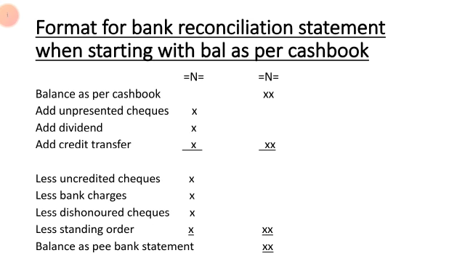Then you have the unpresented checks. Unpresented checks are checks that have been issued to customers which are yet to be presented to the bank. They've been recorded in your cash book, but they are yet to be presented to the bank. So such checks are added.